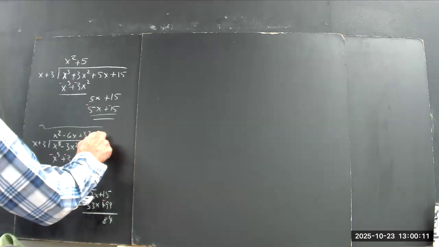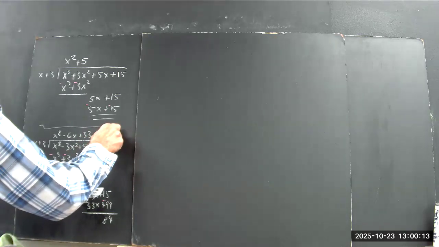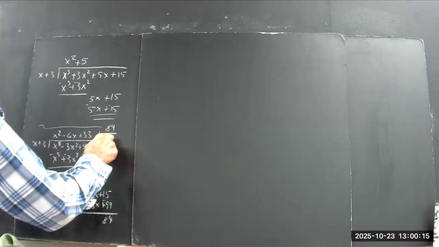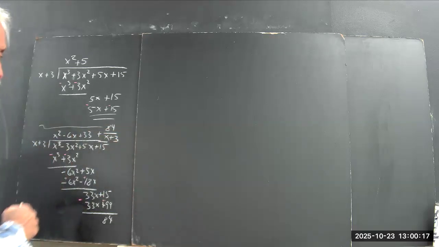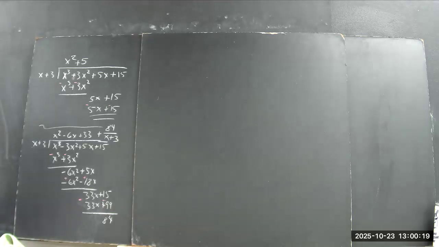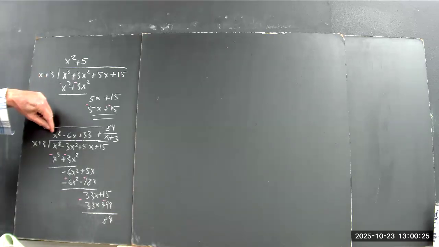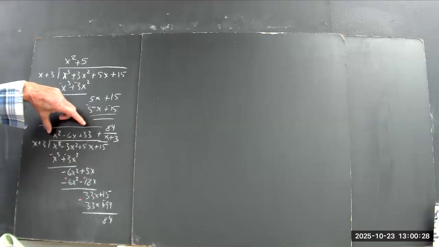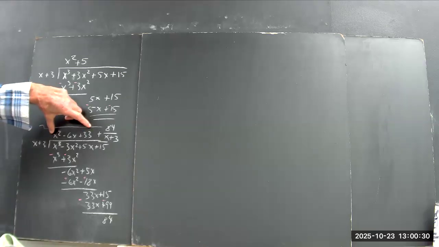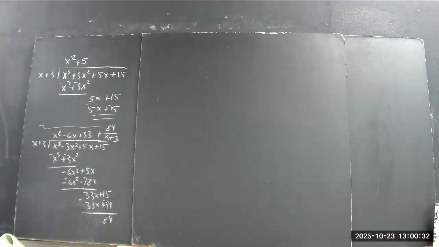And we could write that then as plus 84 over x plus 3. Well, this acts like the quadratic expression x squared minus 6x plus 33. Okay?